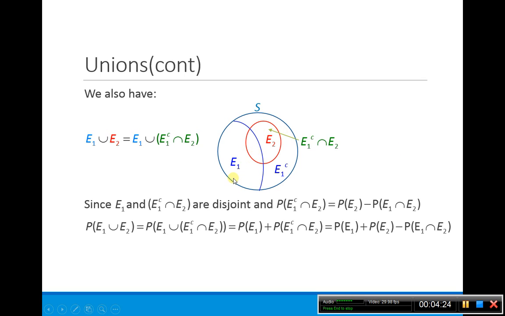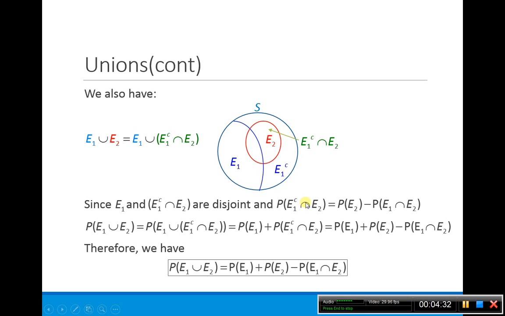And E1 and this E1 complement intersect E2 are disjoint, so we can look at the probability of E1 plus the probability of this other set. This is what we found on the previous slide. The probability of E1 complement intersect E2 can simply be written as P of E2 minus P of E1 intersect E2. So now we have a formula for unions.